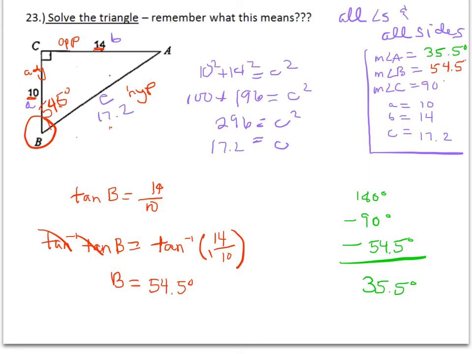Now some might be like, well, wait, I got the right numbers. They were just in the wrong spots. Well, how would you have gotten that? That means you didn't understand and you set this up wrong.